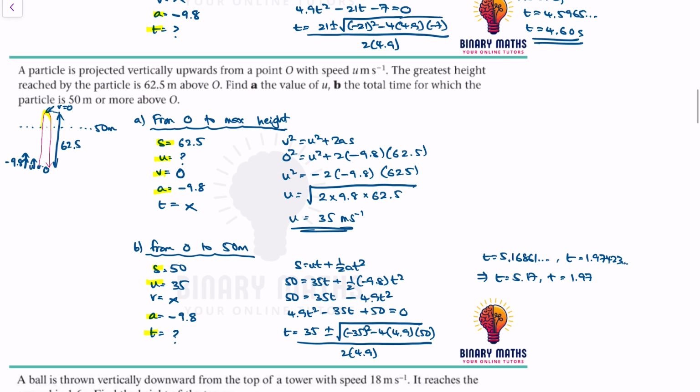If I want to find the time that is above 50, I just have to subtract them. So total time above 50 meters is equal to 5.17 take away 1.97 seconds, which is equal to 3.2 seconds.